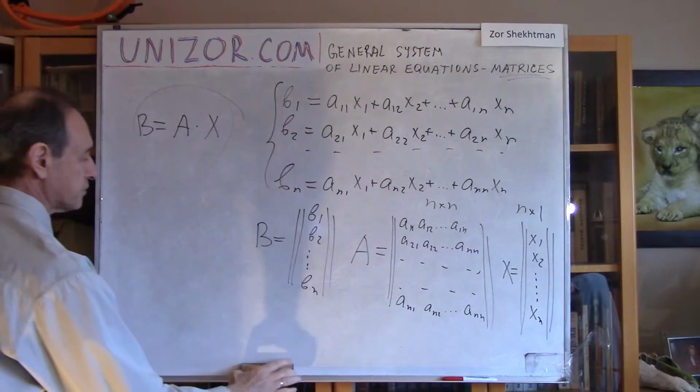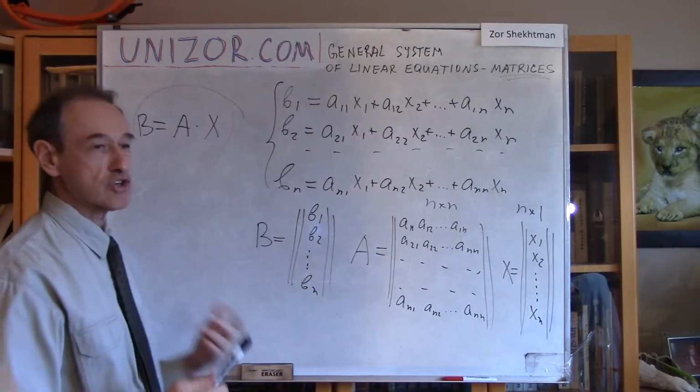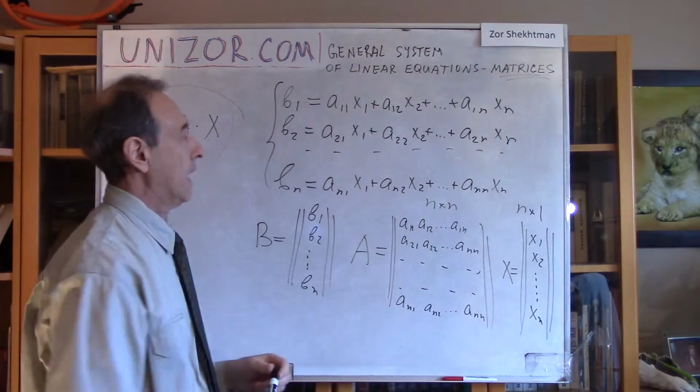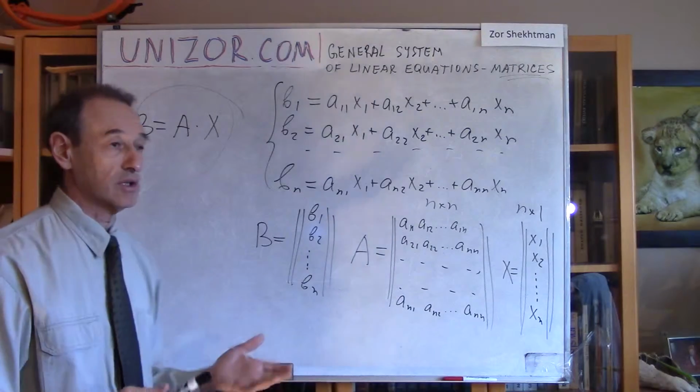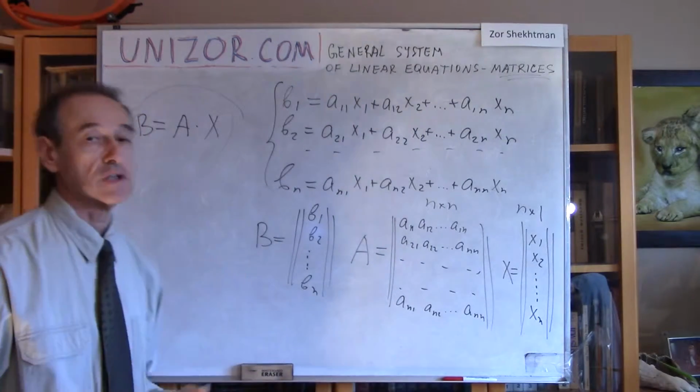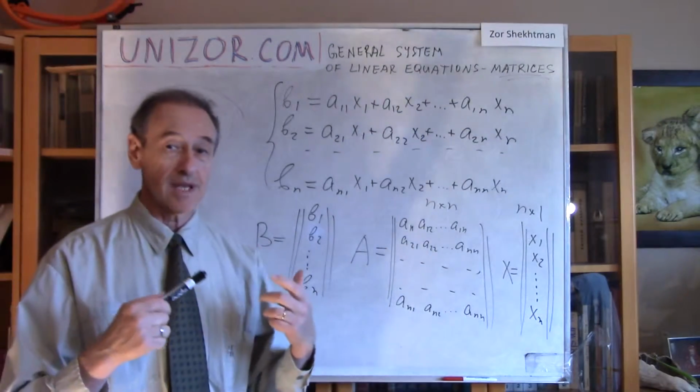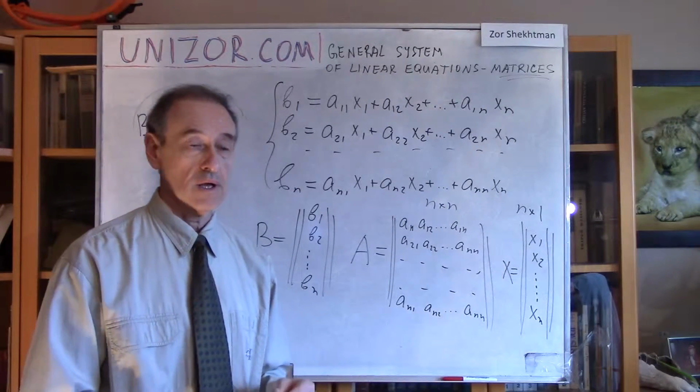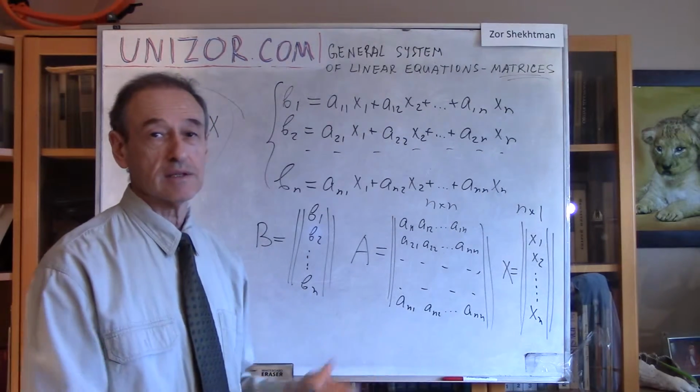Now, since we have a matrix notation of our system, and we know what matrix multiplication is, we know what an inverse matrix is, so let's try to use exactly the same technique.